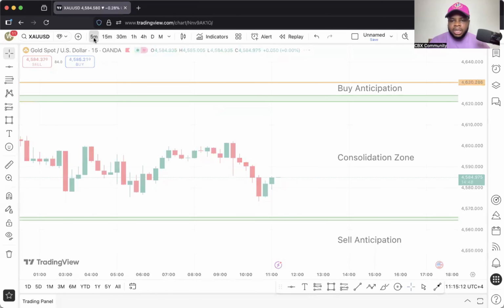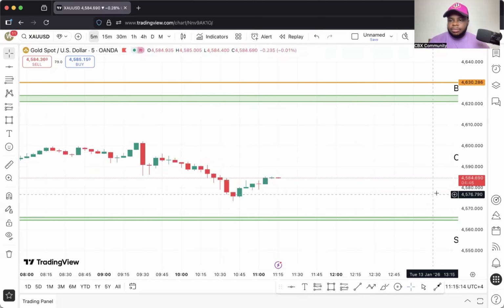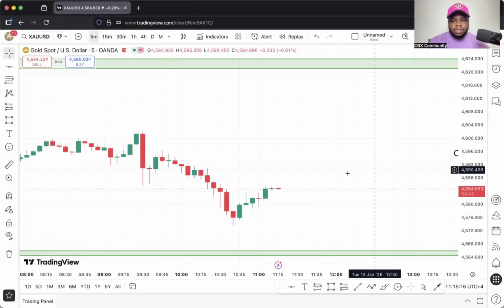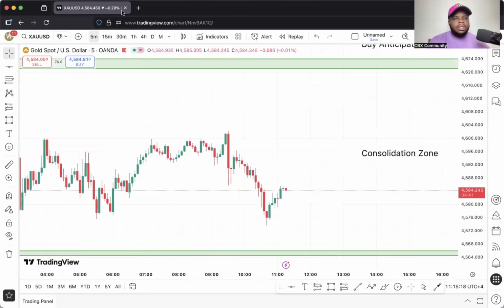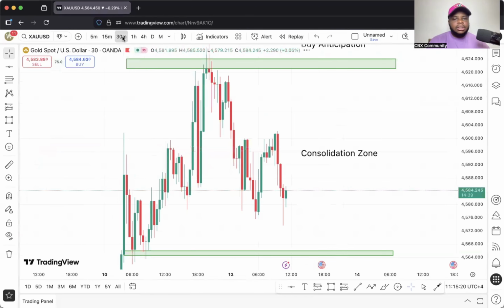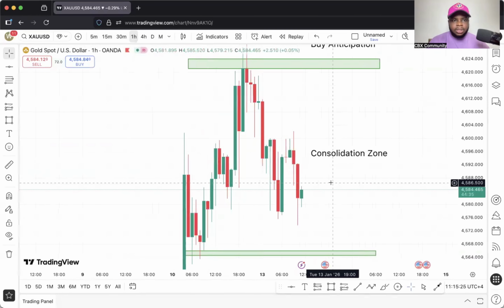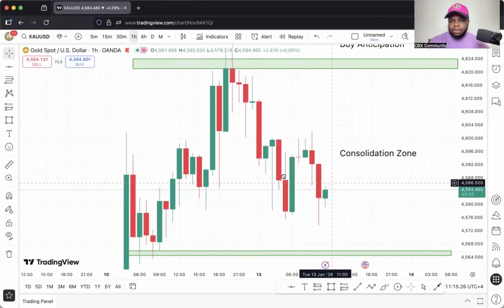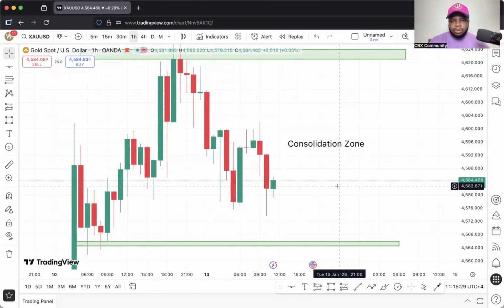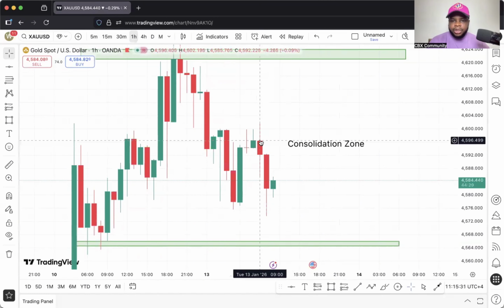Let's look at the 5 minutes. Let's go back to our 30 minutes. Then we'll look at the 1 hour. Let's look at the 1 hour and see. So we have a bearish candle and a bearish candle.